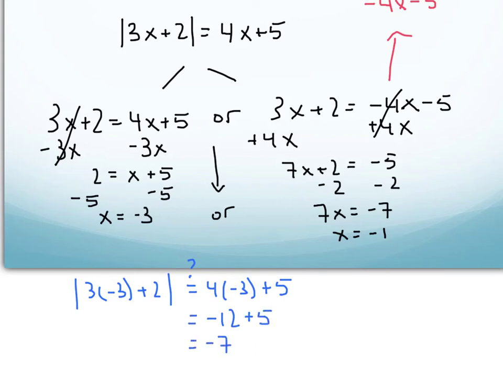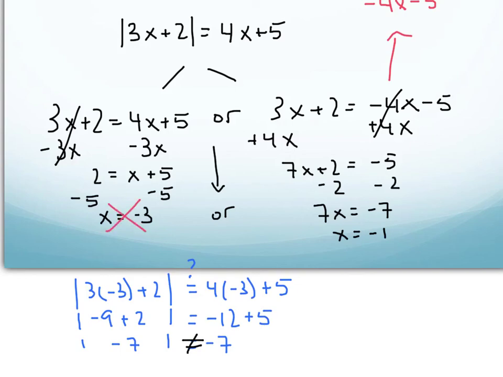Now on the left-hand side, I have absolute value bars. It doesn't really matter what's happening inside these absolute value bars. You could go ahead and simplify it. We get -9 plus 2, then we get -7. But the absolute value of -7 does not equal -7. The absolute value equals +7. We can never have an absolute value equal to a negative number. So this guy is not going to work. These are not equal. So -3 is not a solution.